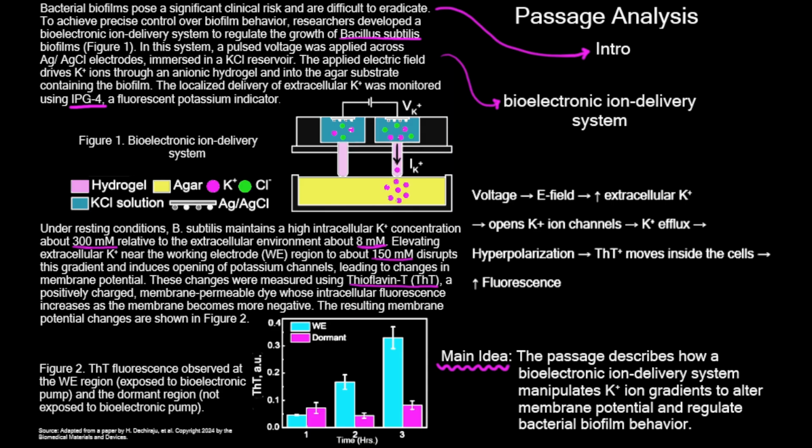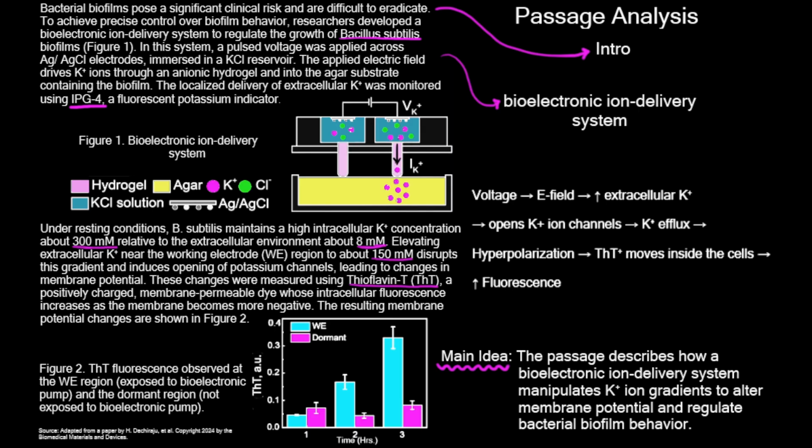This sentence states that increasing extracellular potassium concentration leads to the opening of potassium channels, which alters the electrochemical gradient across the cell membrane and changes the membrane potential. Now we understand why potassium is important to some extent. Delivering K plus ions using the bioelectronic system changes the membrane potential, which may affect how the biofilm functions.